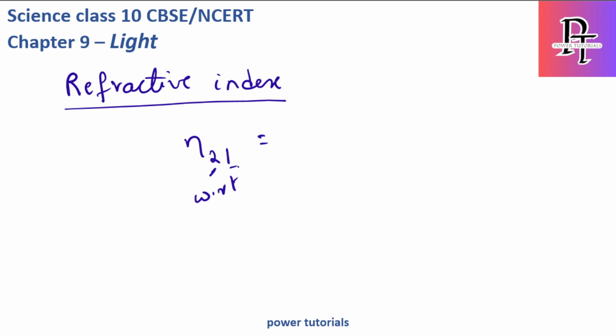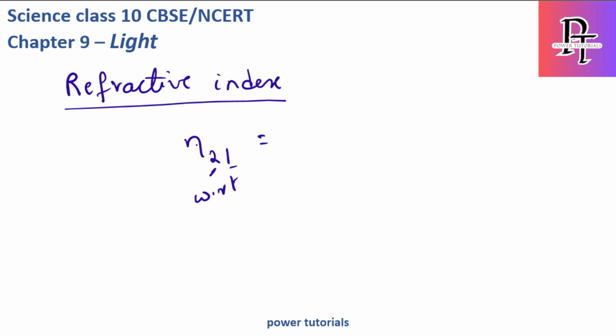It's not like the speed of light in vacuum, which is 3 into 10 to the power of 8. But if I say the speed of light in vacuum with respect to the speed of light in air or the speed of light in water, that is nothing but refractive index. So refractive index is a relative quantity, the ratio of two velocities of light in two media.